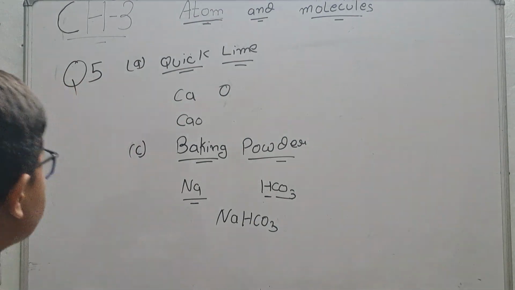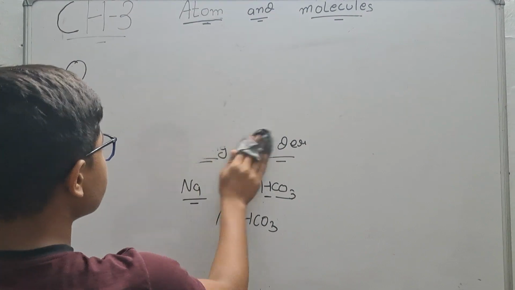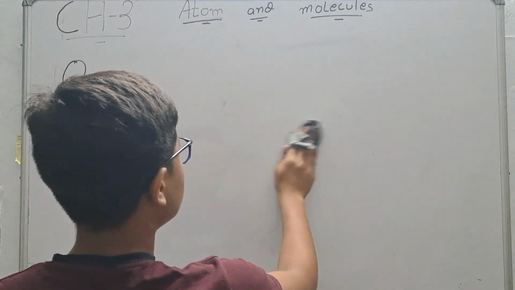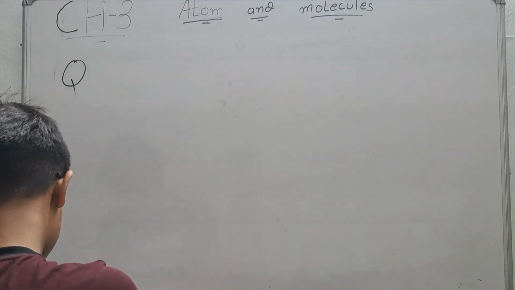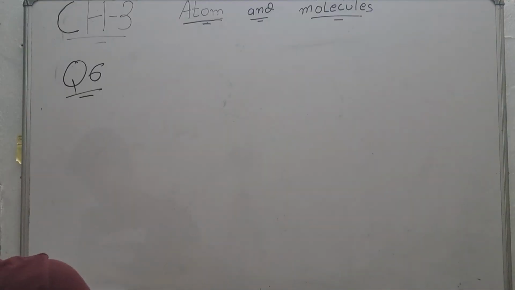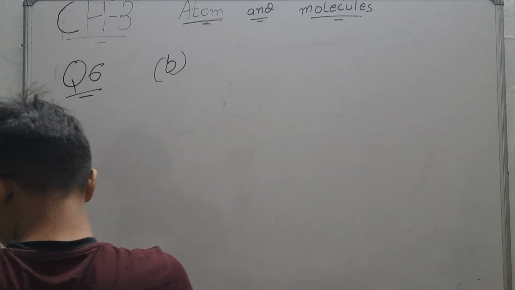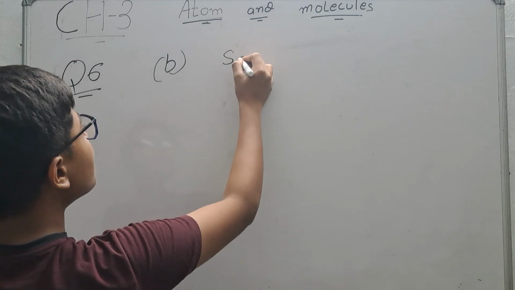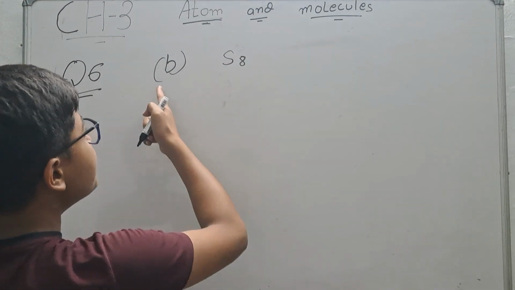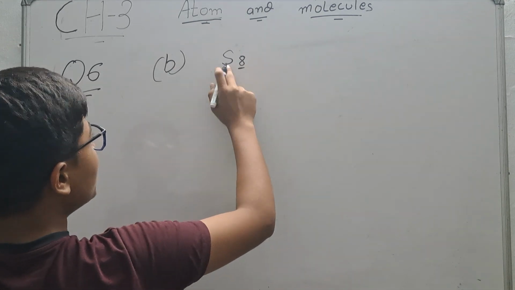Both are very easy. So let's begin with question number 6. Let's do question B. B is a little bit hard. B is S8 and 8 is atomicity. So what is the mass?